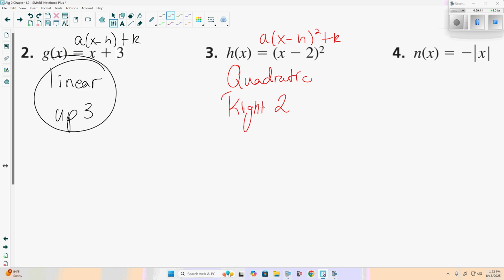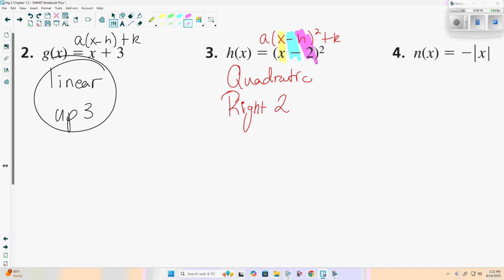Because again, left and right, inside those parentheses, is the opposite of what we think. If we look at this here, x and x do line up. X in our function, x in the general form line up, yes? Here, the minus and minus do line up to the general form, which means our value of h in this case is positive 2.